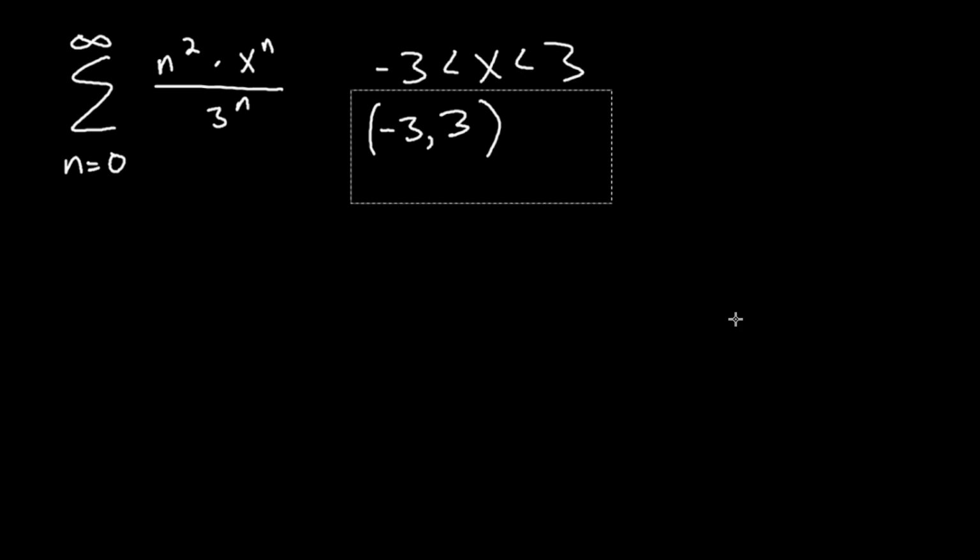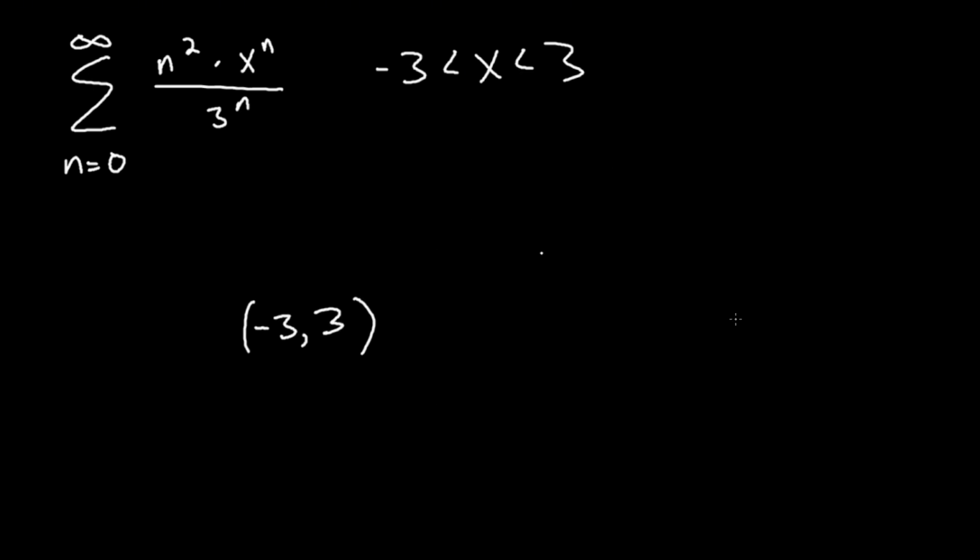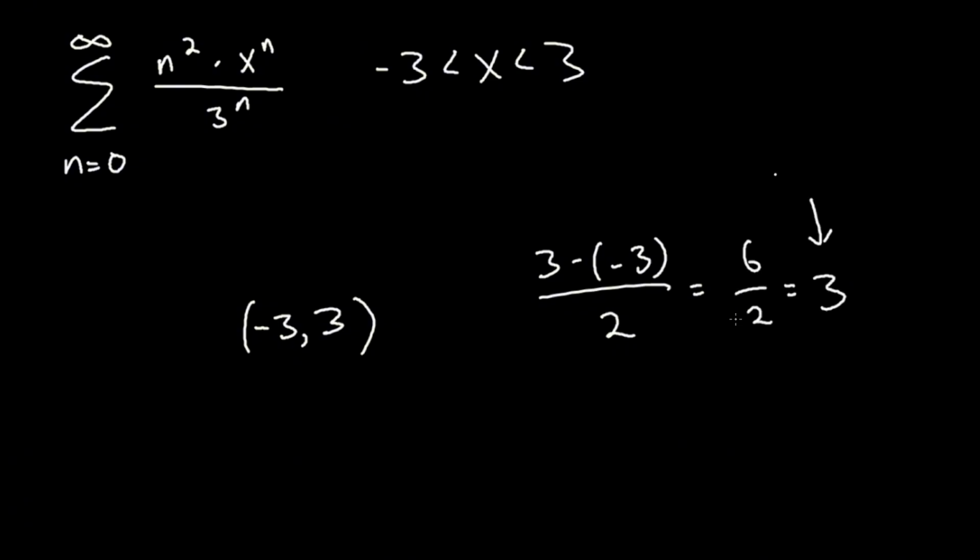Therefore, our interval of convergence is (-3, 3), and remember, we subtract the lower bound from the upper bound and divide by 2. You should get 3 minus -3, which is 6 over 2, which is equal to 3. Therefore, this right here is our radius of convergence, and this right here is our interval of convergence.